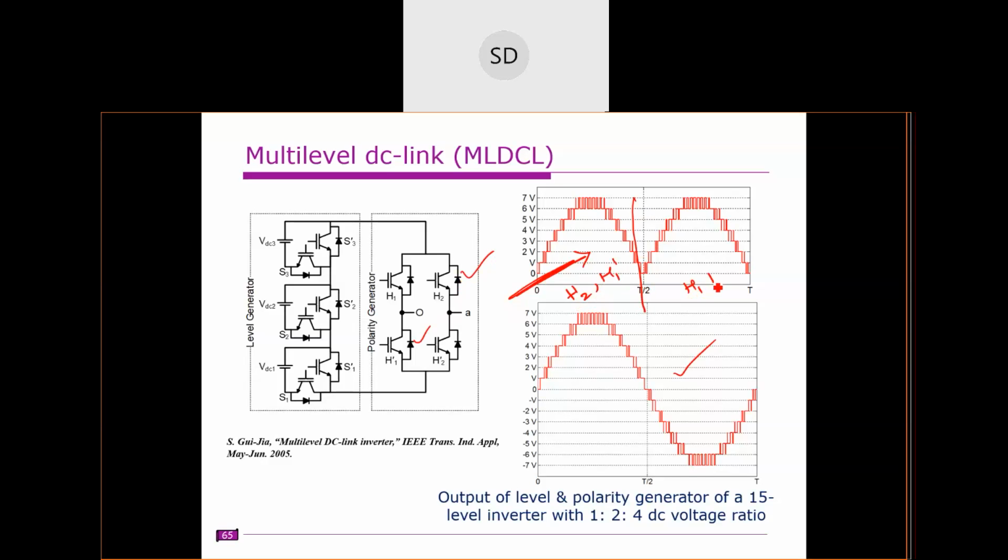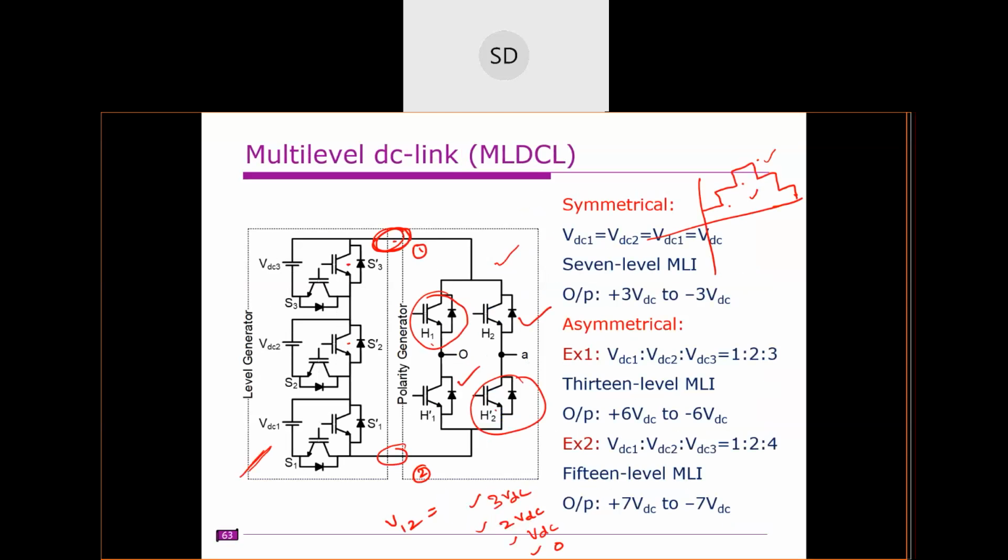Here H1 and H2 dash are operating, so that you're getting a negative voltage across A and 0. This is clear? So that's why it is known as level and polarity generator. One is producing unipolar levels and the other is converting those levels into positive half cycle and negative half cycle. Right? Clear?